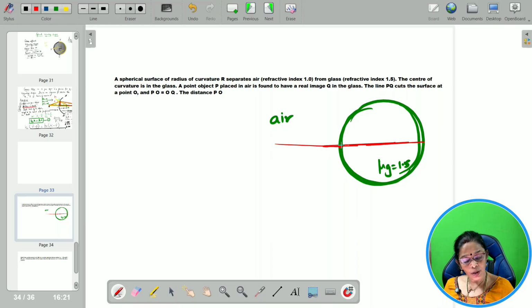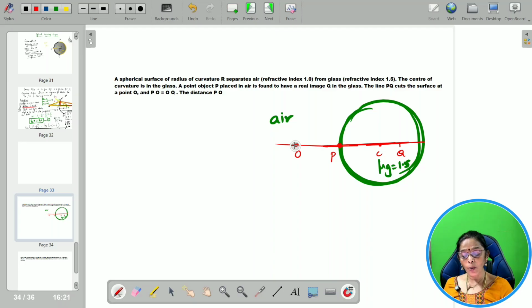So let us suppose here is the center and here is the image Q. The line PQ cuts the surface at a point O. This is P. And PO is equal to OQ.